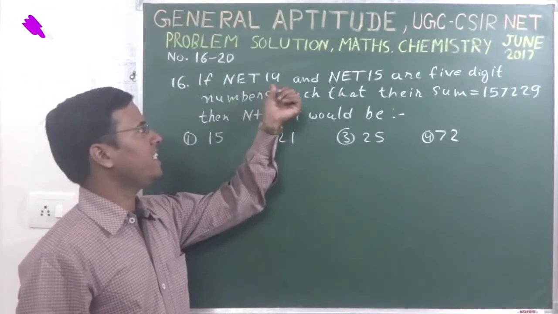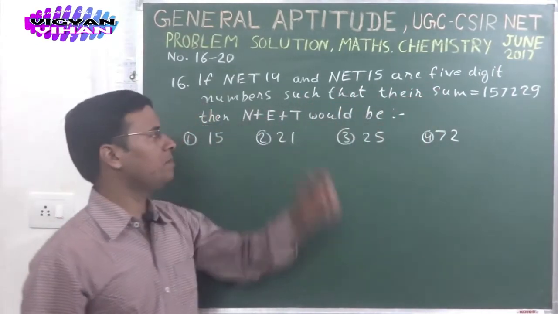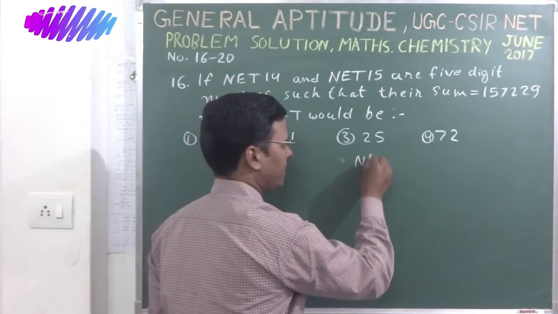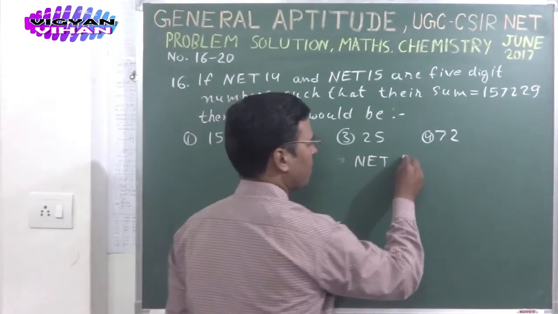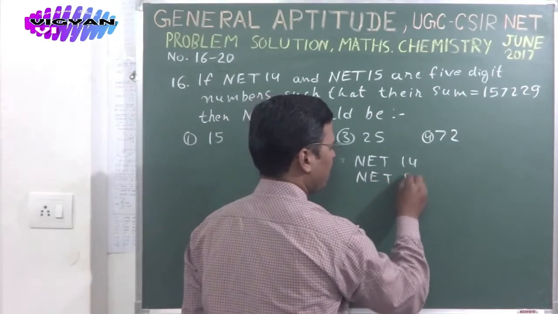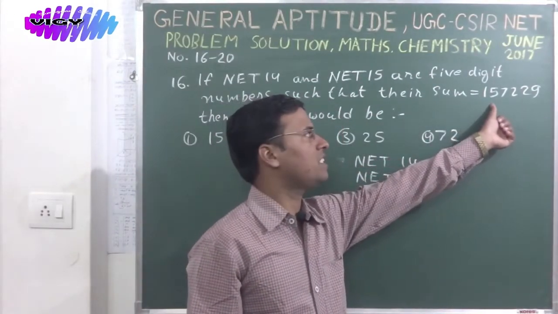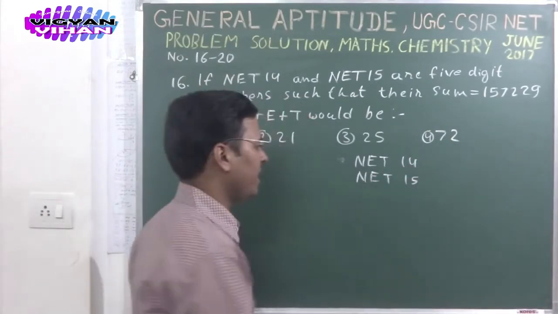If NET14 and NET15 are 5-digit numbers, the first number is NET14 and the second number is NET15. The sum of these two numbers is 1,57,229.